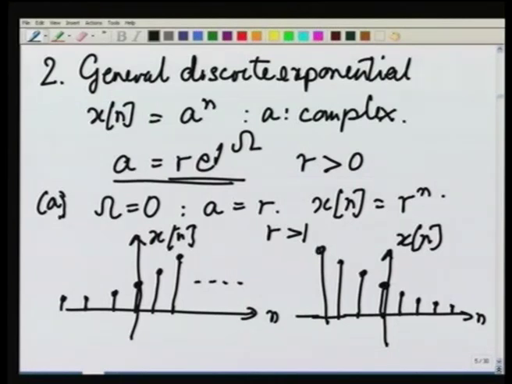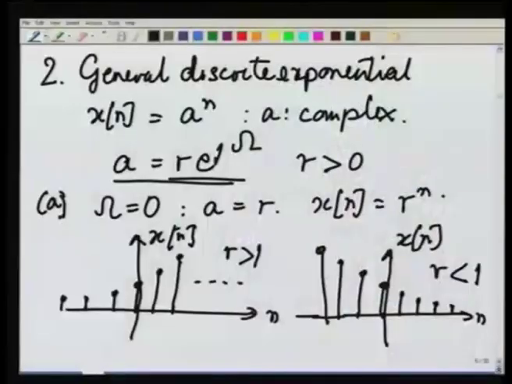This is what we would get for r greater than 1, and this is for r less than 1. Perhaps I should erase this and put it a little closer. These are the two graphs that indicate what happens.